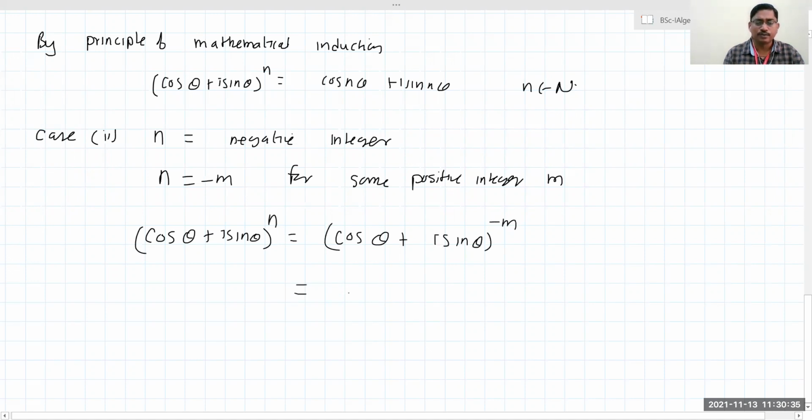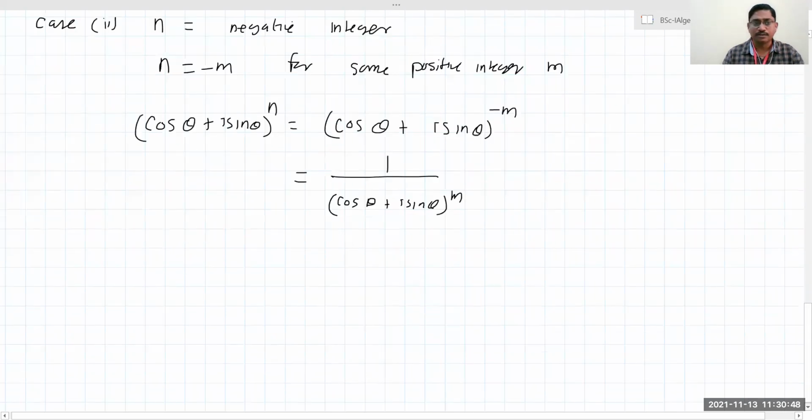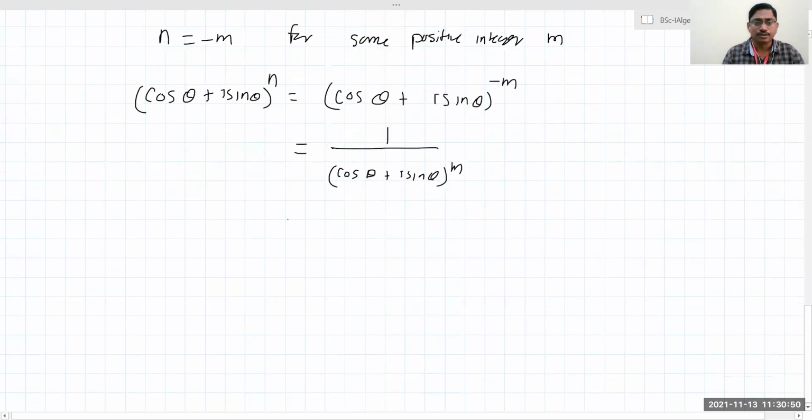Because of this minus sign, I can write this as 1 upon cos of theta plus i sin theta raised to m, because of that negative power. Now m is a positive integer, so by case 1 it is 1 upon cos of m theta plus i sin m theta.